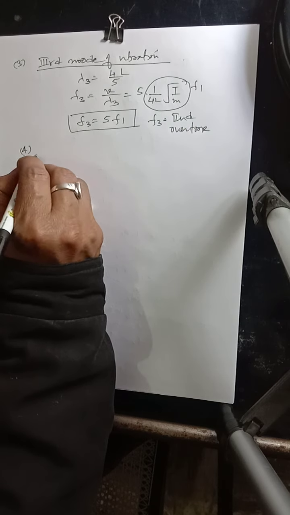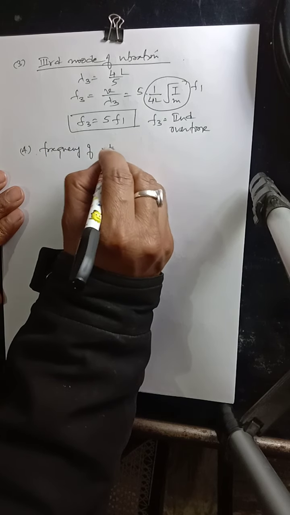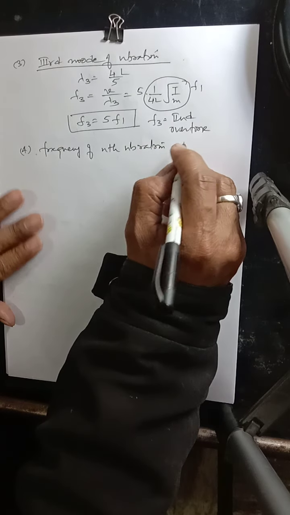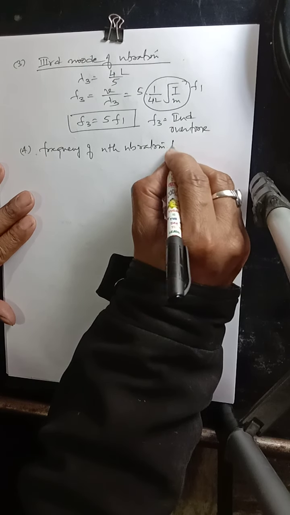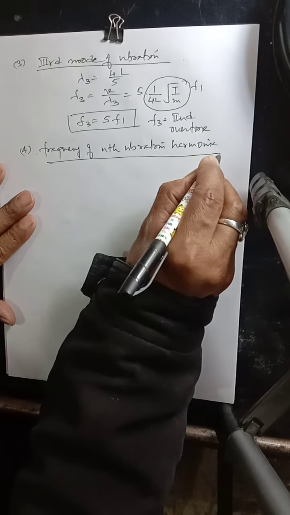So f3 is the second overtone. Now the frequency of the nth harmonic.